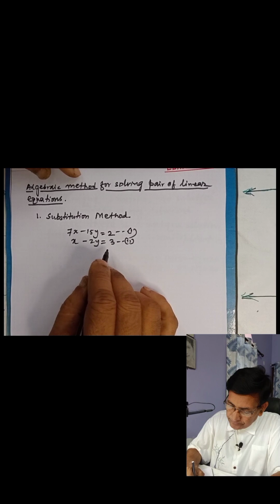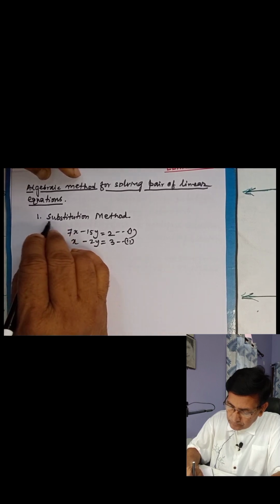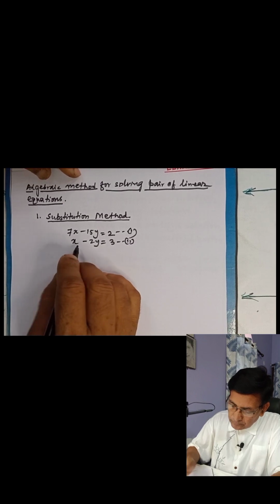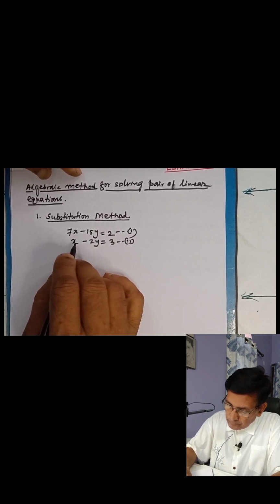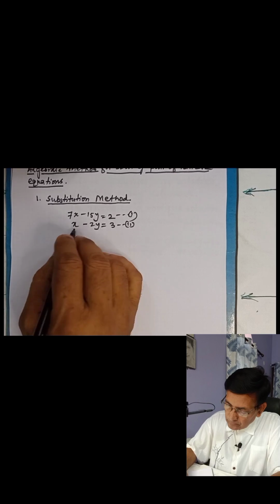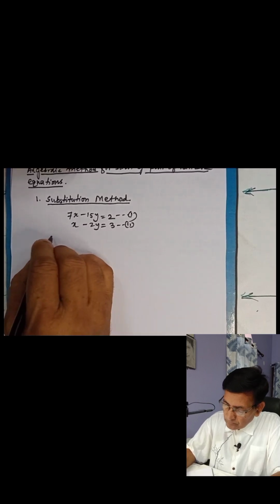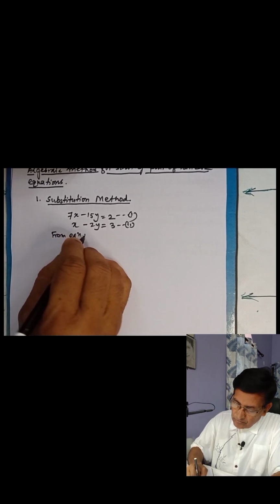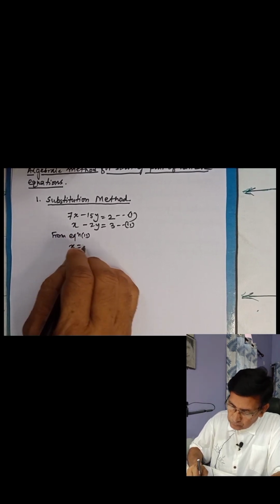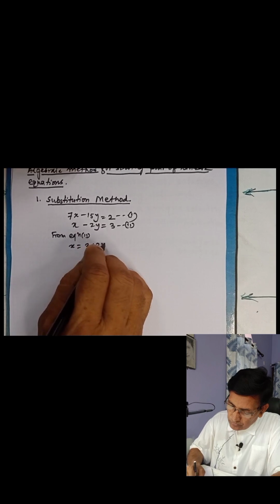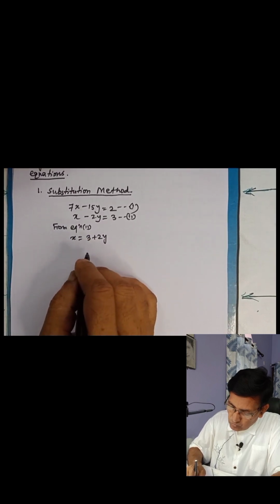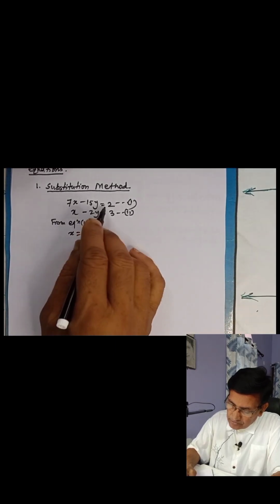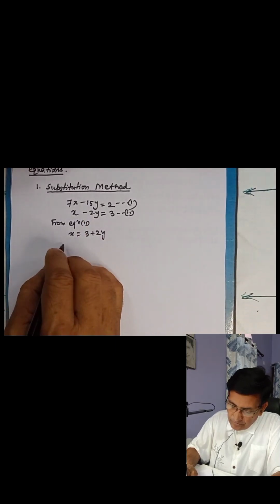If these two equations are there, we will apply the substitution method. Substitution method means we will find out the value of one variable x from equation 2: x is equal to 3 plus 2y. Now we will apply this value of x to the other equation.